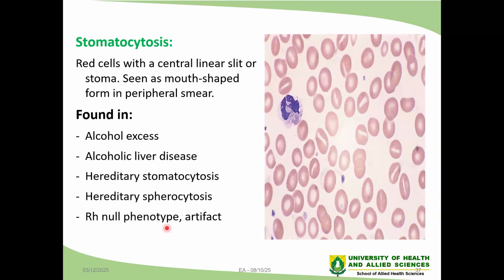Then again, we have another poikilocyte, which we call the stomatocytes. Remember from the days of senior high school when you started talking about photosynthesis and describing the leaf, we say that the leaf has an opening through which carbon dioxide is absorbed into the plant, and through which oxygen is also expelled into the surrounding environment.